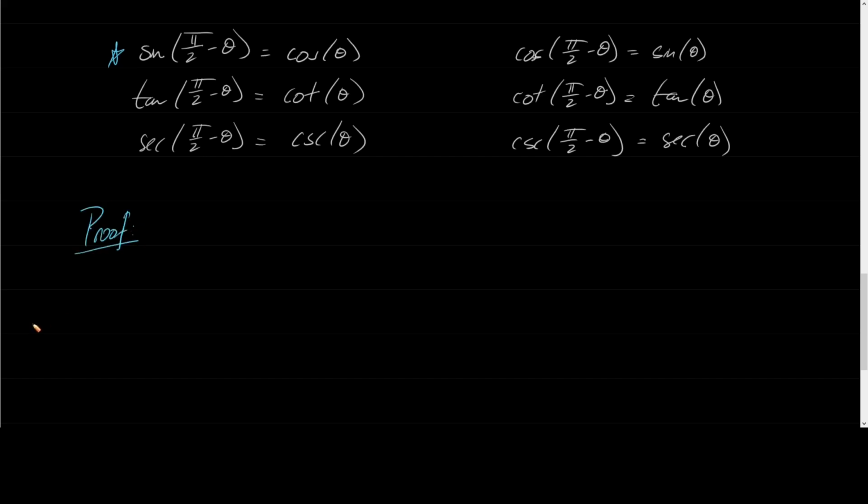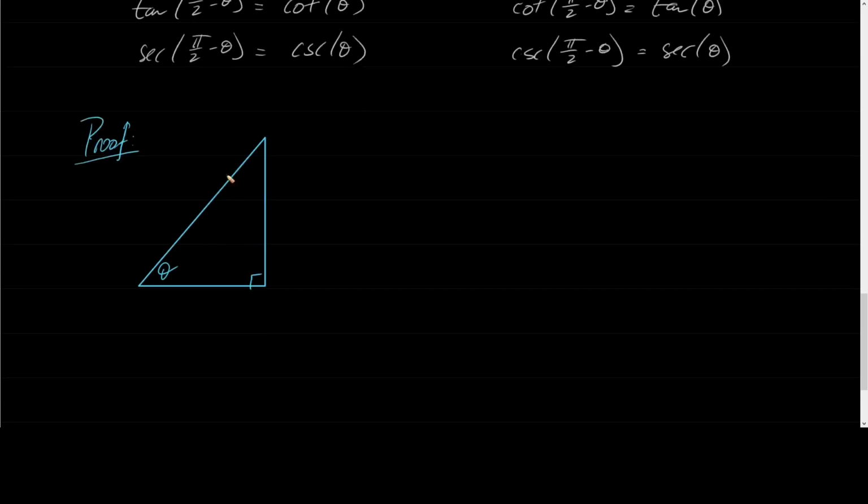So the first thing we need to do here is start with a right triangle. All right. So here's my beautifully drawn right triangle. There's my right angle. I'm going to call this angle here theta. Now, if I look at this angle over here, let's say alpha.